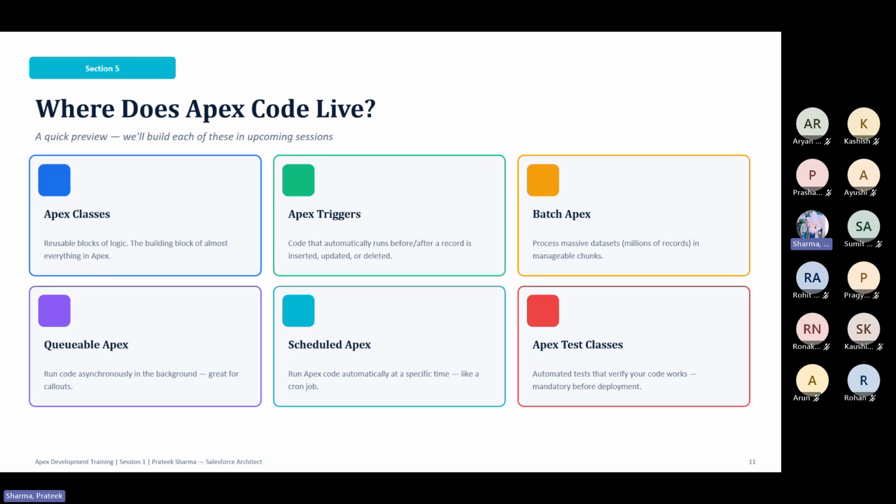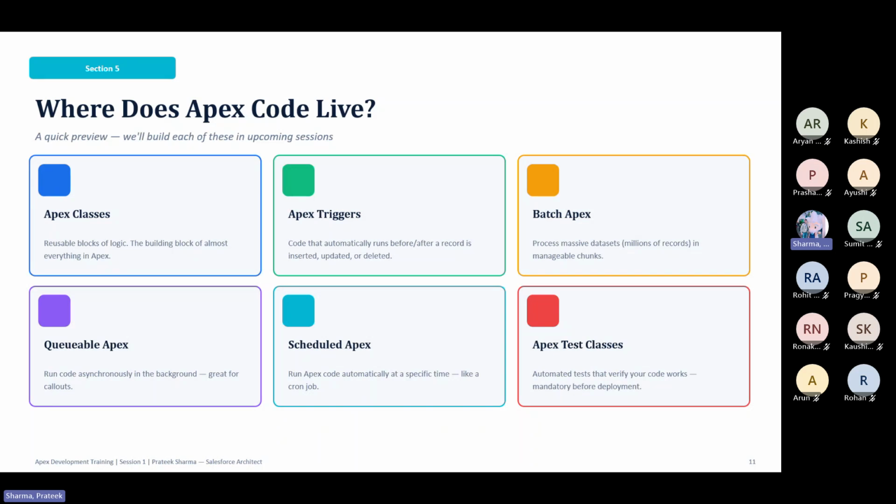And then we have Scheduled Apex. If you want to run any Apex code at a particular time, then we will use Scheduled Apex. And Apex test classes are the ones that I discussed just before this slide, in which you need 75% code coverage. So if you are writing any Apex code, we need to test that Apex code using Apex test classes. Without that, you cannot deploy any Apex code in the Salesforce environment.